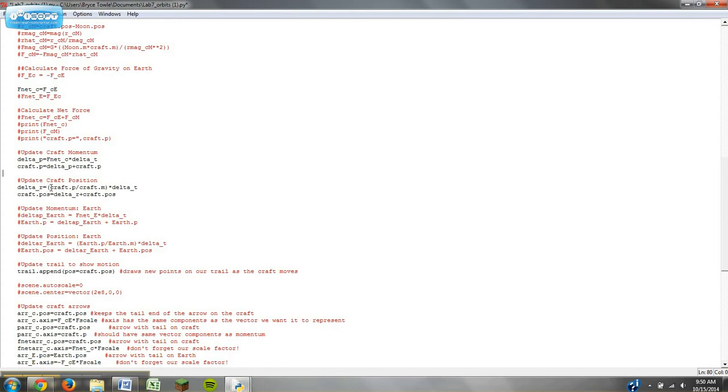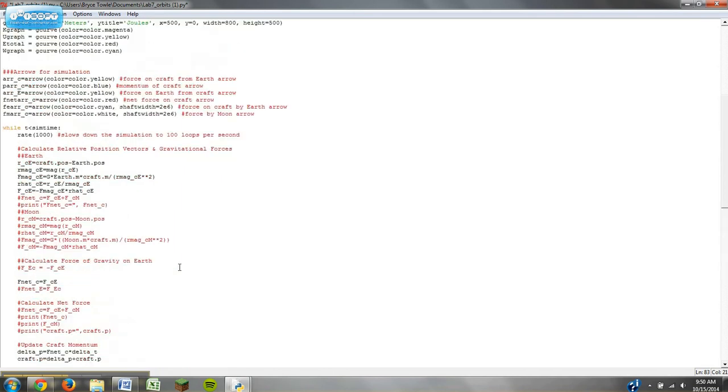That's just equal to velocity times time. Since momentum is equal to mass times velocity, and we have a momentum and a mass, we can just divide the two to get the velocity. Then we start with the original position of the craft and add delta R, which we calculated up here, to get the new position.